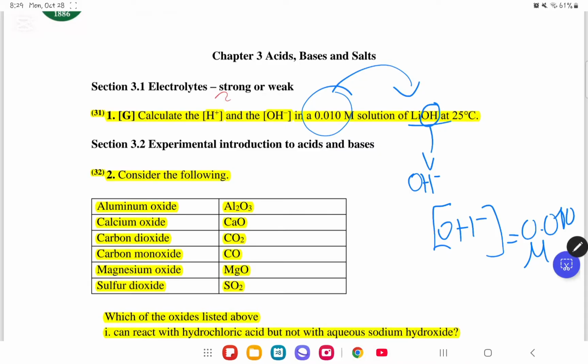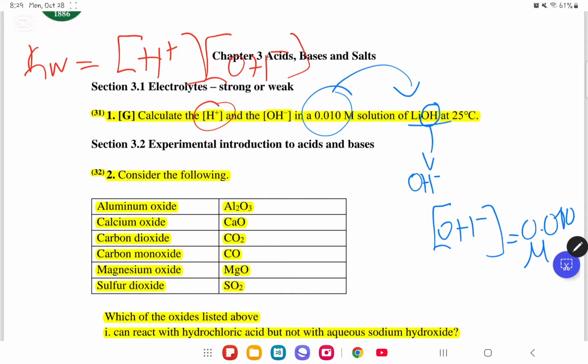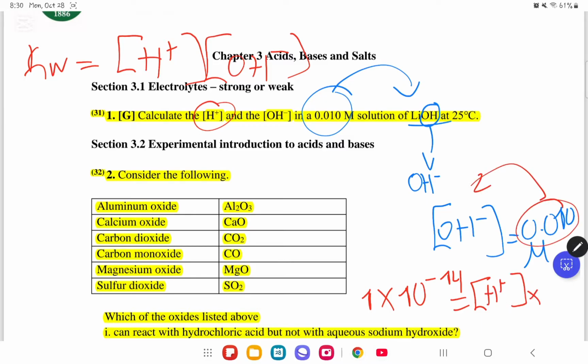So now, very simply, to find the concentration of H plus, we know that the equation is that the constant of water is equal to the concentration of H plus times the concentration of OH minus. The constant of water is 1 times 10 to the power of negative 14, which is equal to the concentration of H plus that we need to find times the concentration of OH minus, which is 0.01.